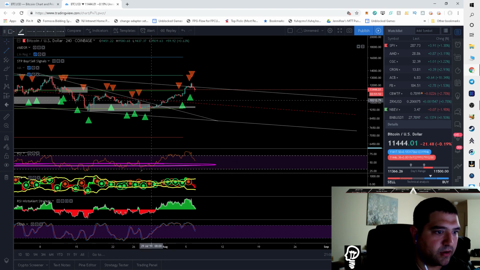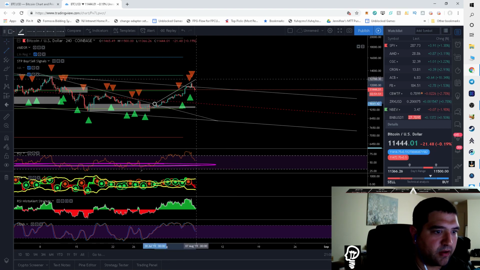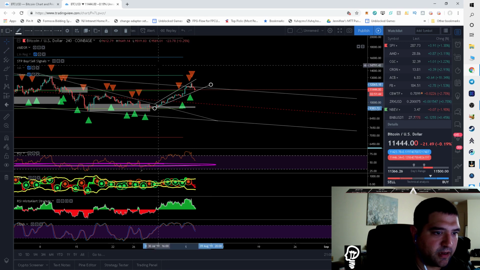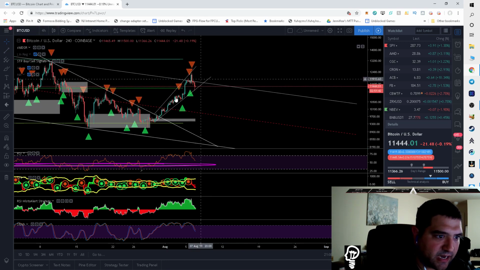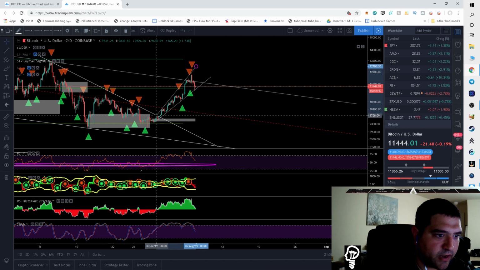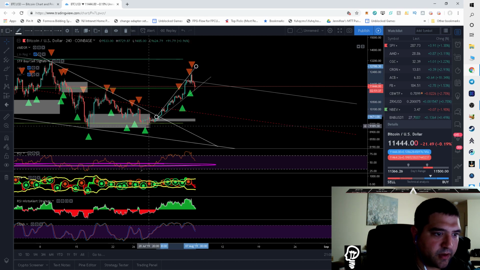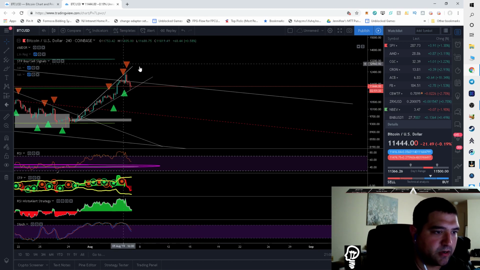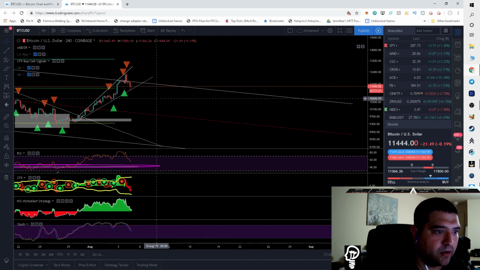We could call this a rising wedge, or maybe an ascending broadening wedge, okay, where we start off narrow and get wider as we go up. But it still seems we are still in this channel for now.